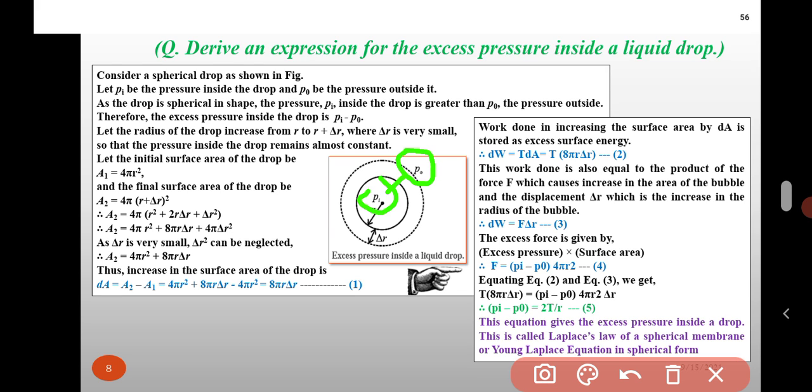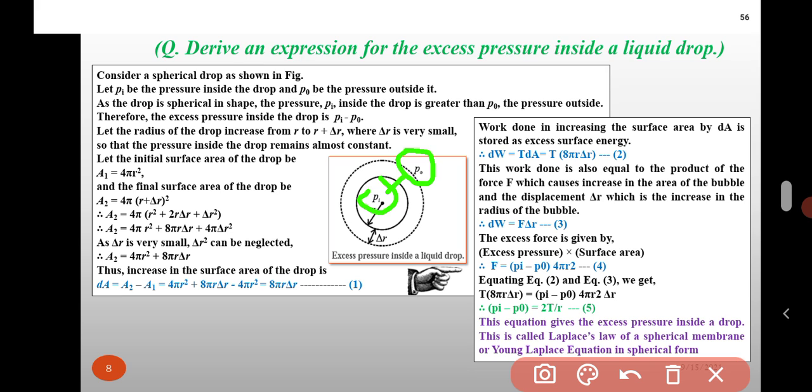Thus, the increase in surface area of the drop is dA equal to A2 minus A1, and that is equal to 4 pi r squared plus 8 pi r delta r minus 4 pi r squared. Here 4 pi r squared gets cancelled. The remaining answer is 8 pi r delta r.